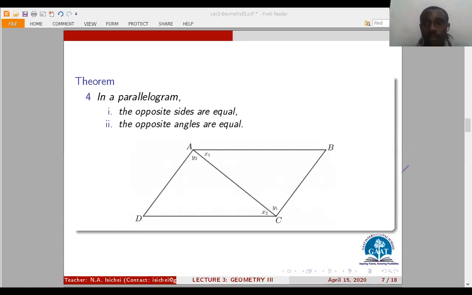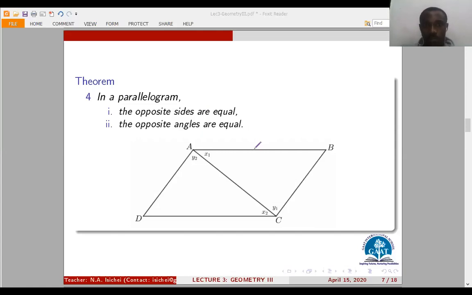You've seen in the diagram shown to you a while ago that the opposite sides are parallel and equal to each other. Also, the opposite angles are equal in magnitude. So that is the fourth theorem. In any parallelogram, the opposite sides are equal and the opposite angles are also equal.